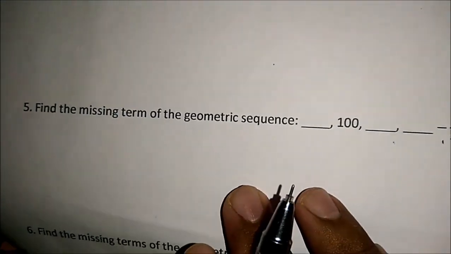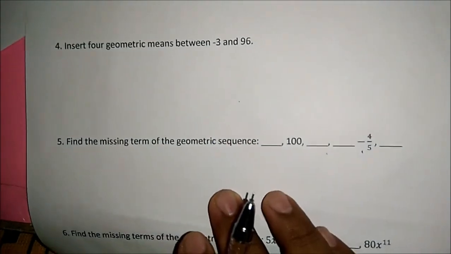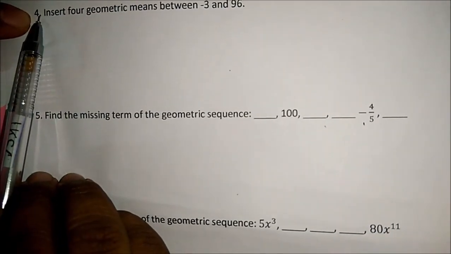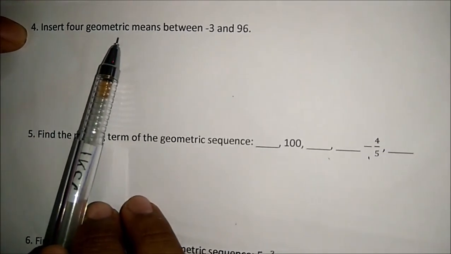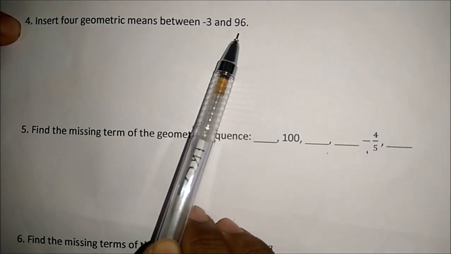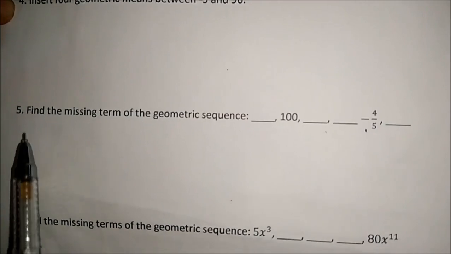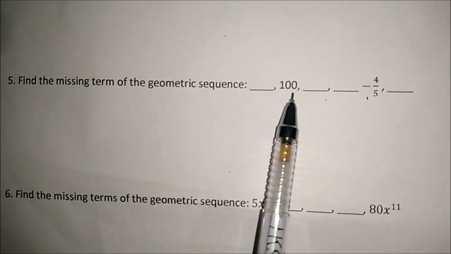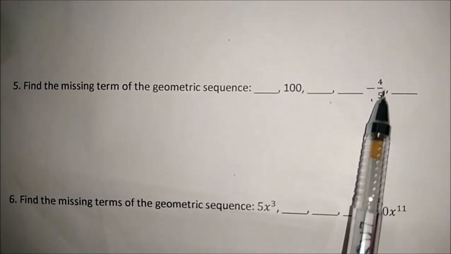Okay. Now, we still have here three remaining problems. We have number 4. Insert 4 geometric means between negative 3 and 96. For number 5, find the missing term of the geometric sequence blank, 100, blank, blank, negative 4/5 blank.